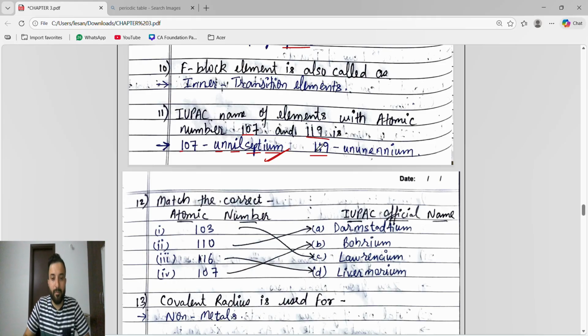So 119 means 1 is un, 1 is un, 9 is enn, ium. Suppose they ask 122 also. Don't say 122 is wrong, they will not give grace marks. So from 101, please use this type of naming to write.